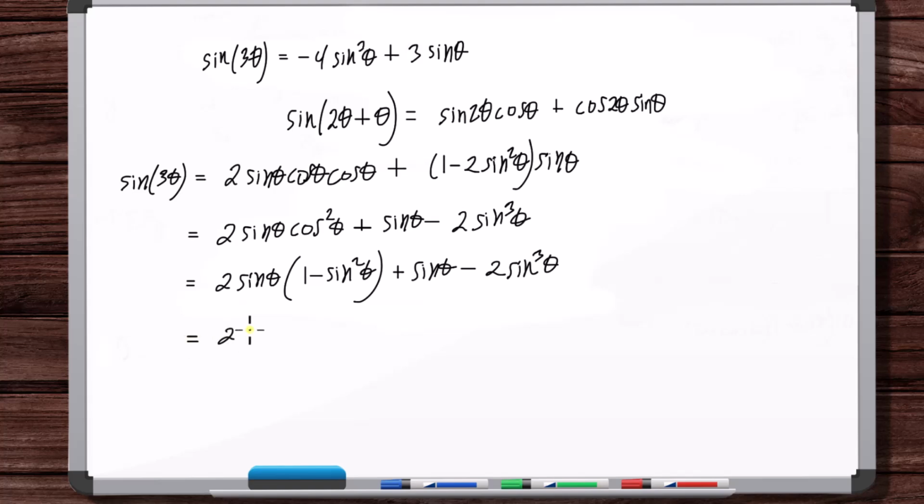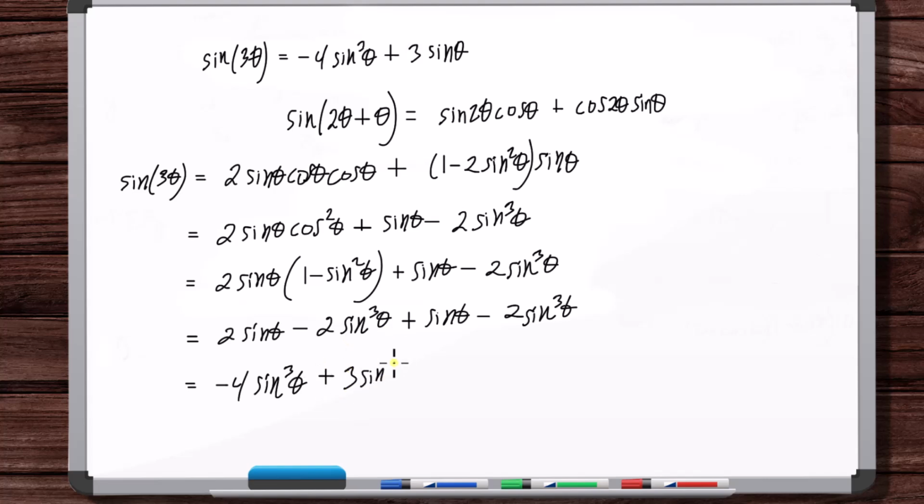So 2 sine theta minus 2 sine cubed theta plus sine theta minus 2 sine cubed theta. So we get minus 4 sine cubed theta, from minus 2 times minus 2, and then 2 plus 1 gives 3 sine theta.